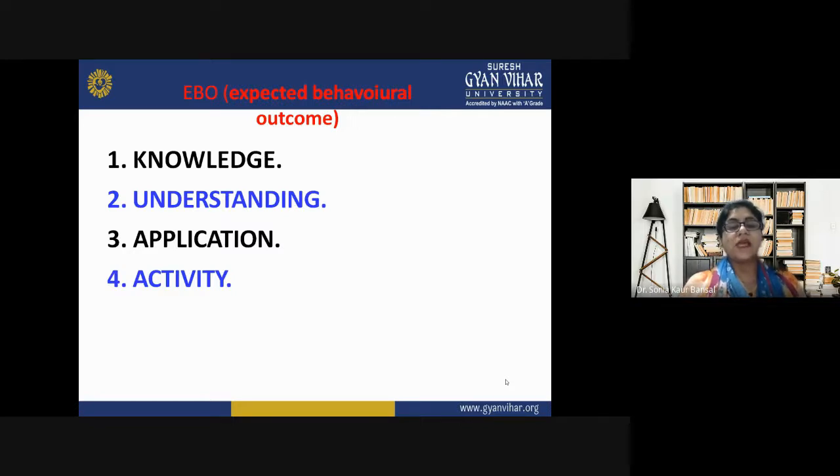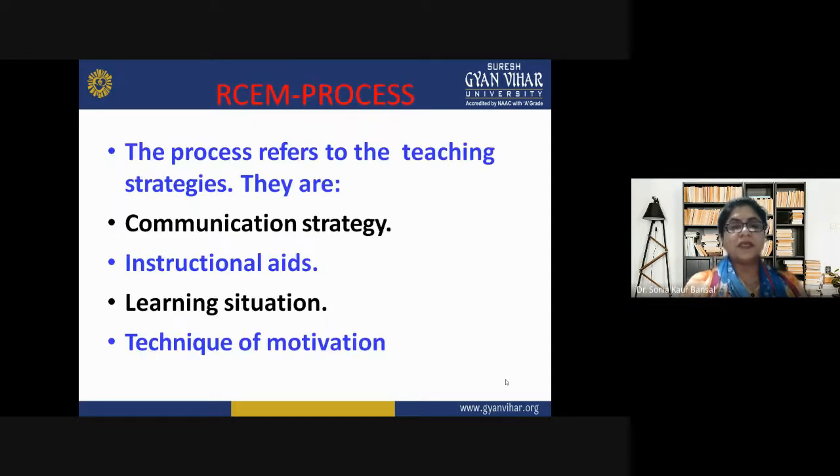This is actually targeting behavioral changes among the students, because it will not only enhance their LSRW skills, but also enhance their command over the content. So that's how EBO is working: knowledge, understanding, application, and activity.